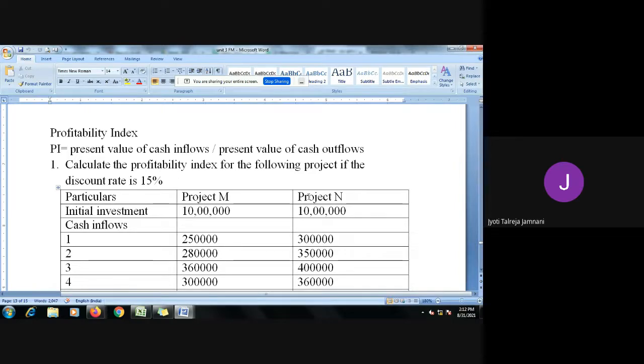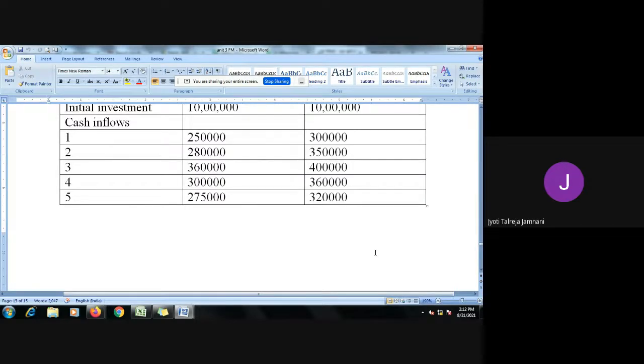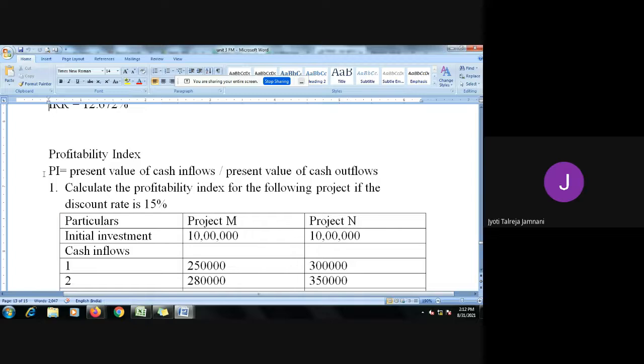So for all the techniques, we saw the base that we are taking is NPV. So once you know how to calculate NPV, you can do any technique very easily. So finding present value of cash flow and seeing the table is very, very important. So now under profitability index, the formula that we're going to use is present value of cash inflows divided by present value of cash outflows.